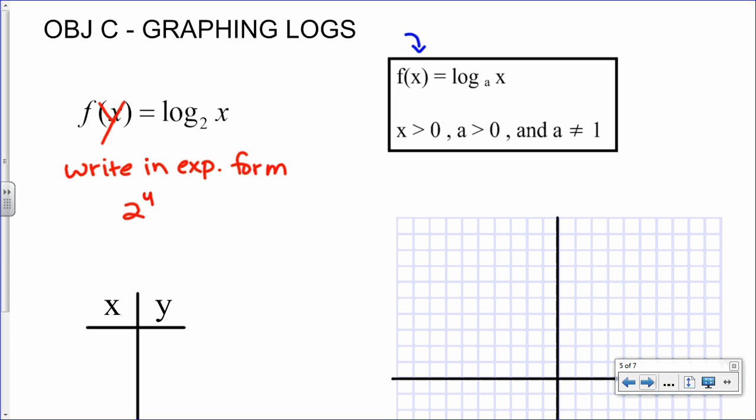My answer is y. So 2 to the y equals x. Because my exponent is y, so with exponential functions, the exponent's x, you plug in numbers for x. My exponent's y, so to evaluate this, it is going to be easier if you pick numbers to plug in for y.